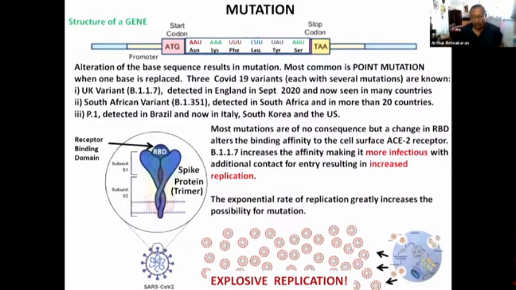So the more rapidly an organism multiplies, the more the chances of mutation. The virus has a replication rate that is really explosive. So the rate of multiplication is so great that the chances of mutation is also equally great. So you have to expect these type of changes.